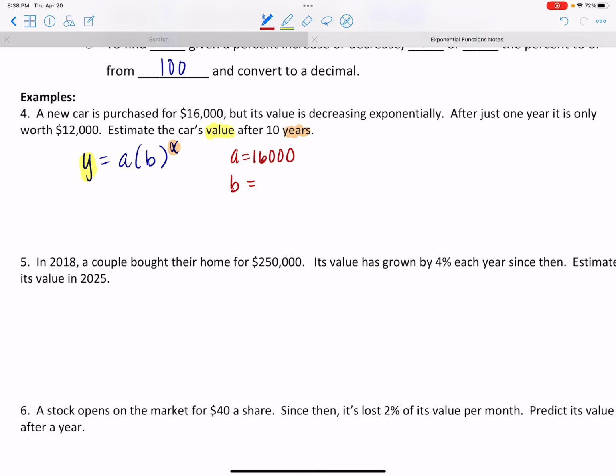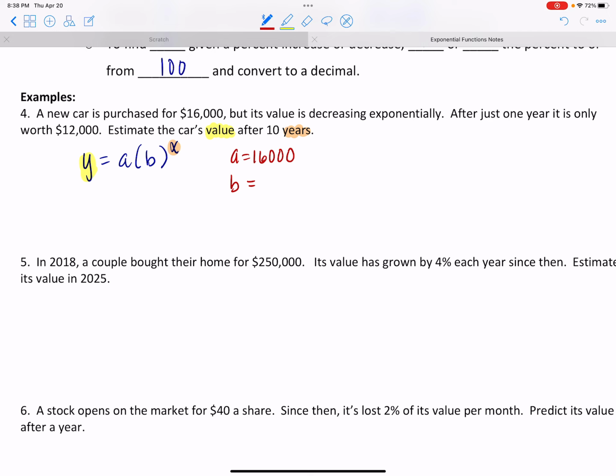I know my first value is 16,000, and I know the next one is 12,000. So imagine this: at time 0, my car is worth $16,000. One year later, it's worth 12,000. Now maybe I can't tell what I'm multiplying by to go from 16,000 to 12,000, but I can just divide. So if I take 12,000 and divide it by 16,000, I'm going to figure out what b is.